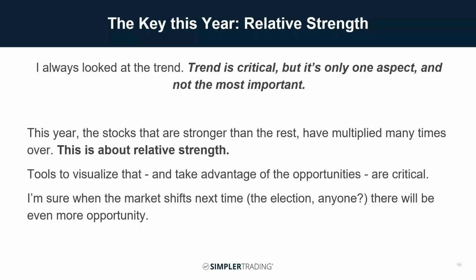That's great, but what's even better is you need to be able to recognize which stocks are stronger than the rest. That is all about relative strength. If you have NVIDIA and you have, I don't know, JCPenney's, let's say, that's a pretty obvious example, but you need to be able to compare two of these stocks and recognize which one is stronger.